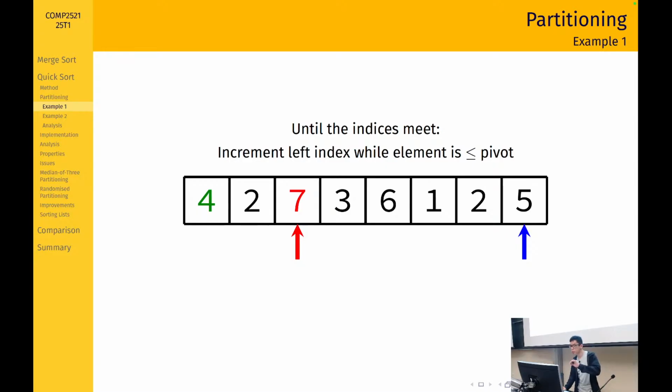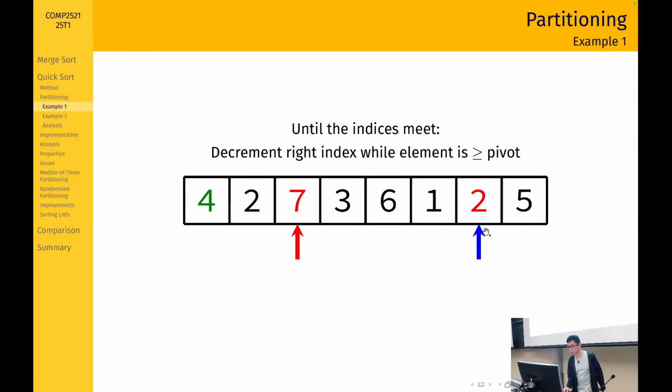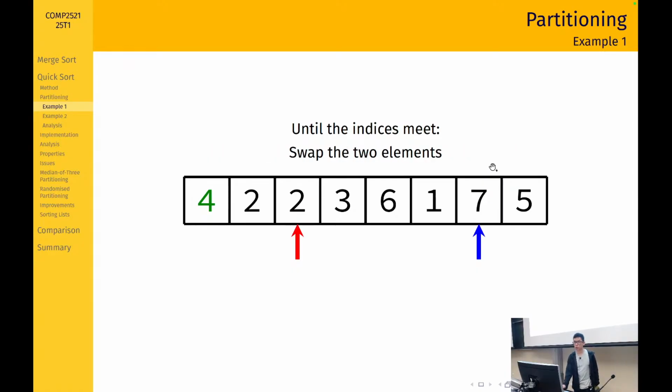So we stop incrementing the left index, and then we start decrementing the right index. Right, so now we decrement the right index. 5 is greater than the pivot, so that's fine. But 2 is not greater than the pivot. So now we take these two elements and we swap them. Okay, so we swap them.